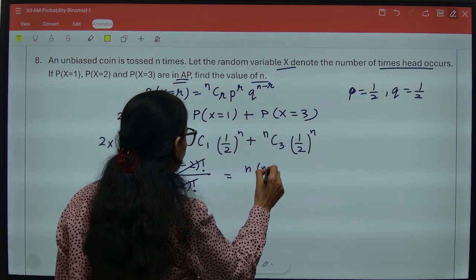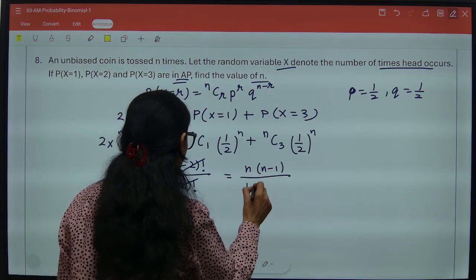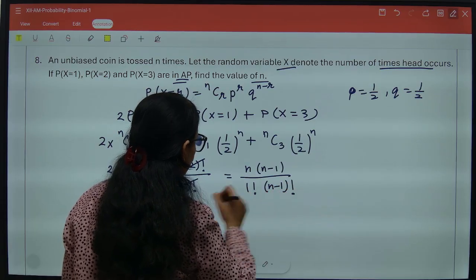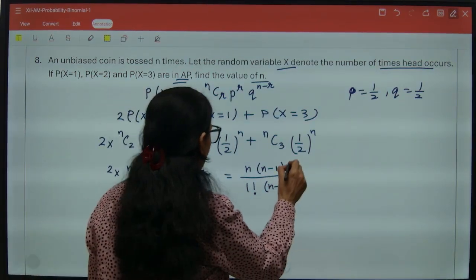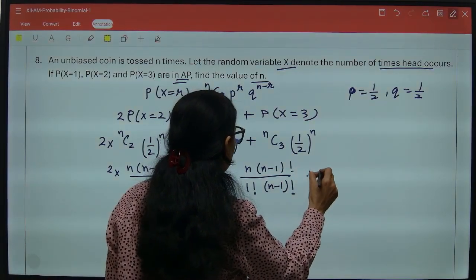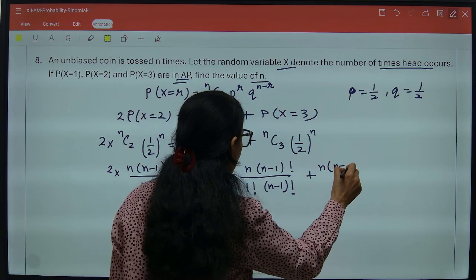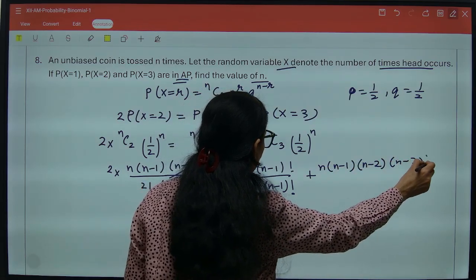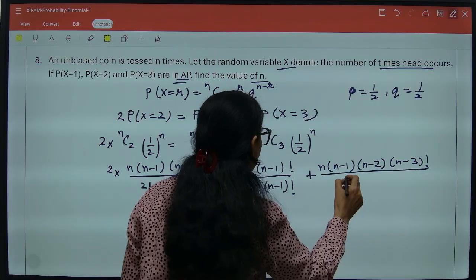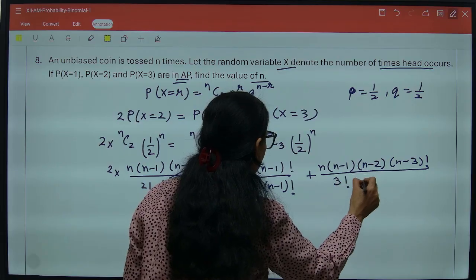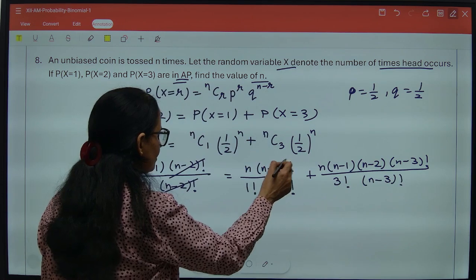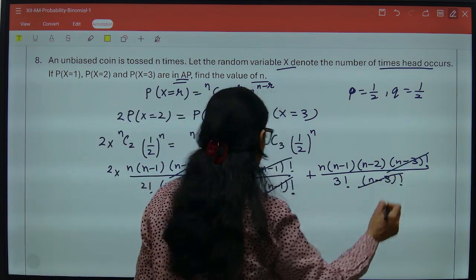N into n minus 1 factorial upon 1 factorial into n minus 1 factorial. And NC3 is n into n minus 1 into n minus 2 into n minus 3 factorial upon 3 factorial into n minus 3 factorial. So these factorials get cancelled and we have something simpler left.